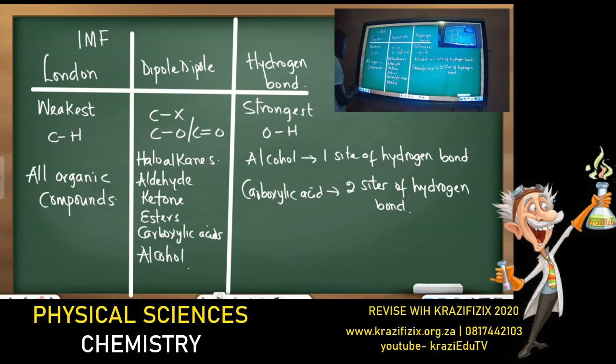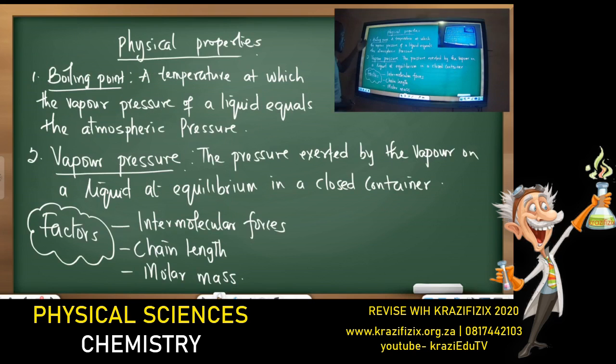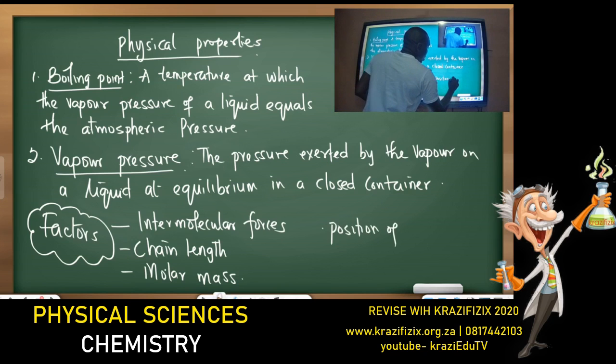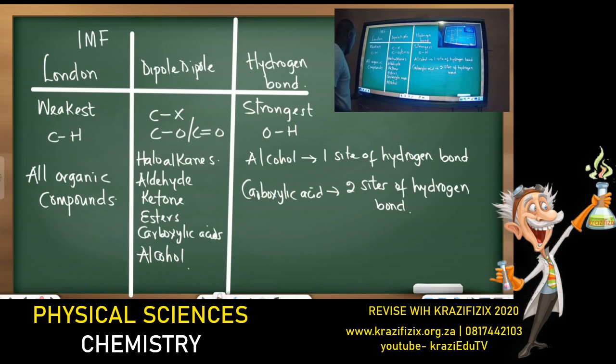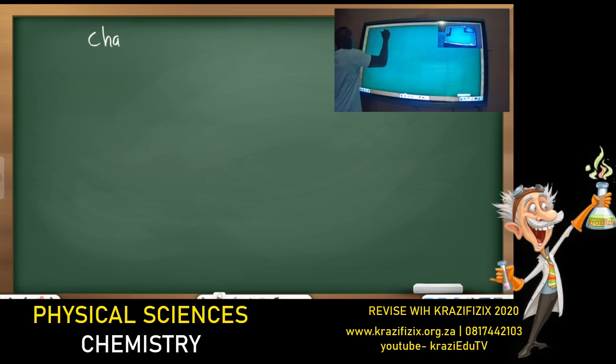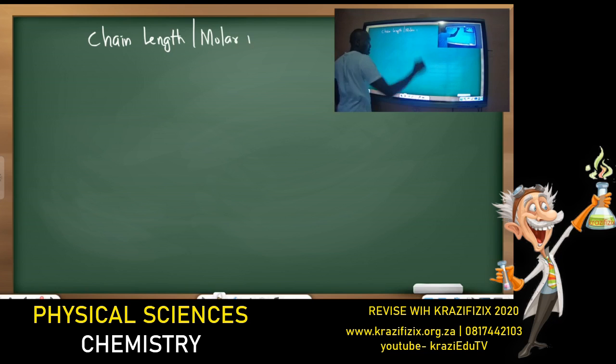I'm going to add something to the factors that affect our boiling point and vapor pressure. Number one, we looked at intermolecular force. Let me just write it here. Position of side chain also affects. All right, number two, let's look at chain length. Chain length could actually also go with molecular mass, because the longer the chain length, then the bigger the molecular mass of the organic compound.